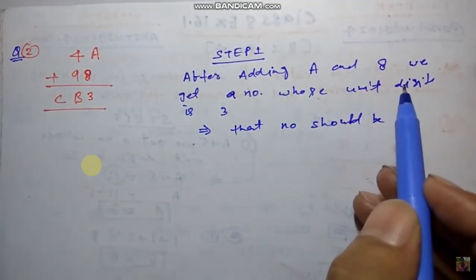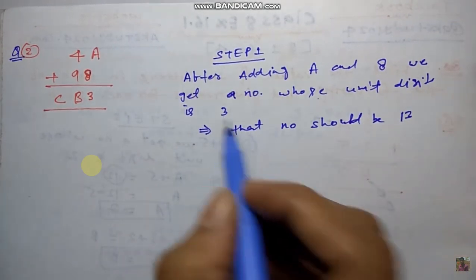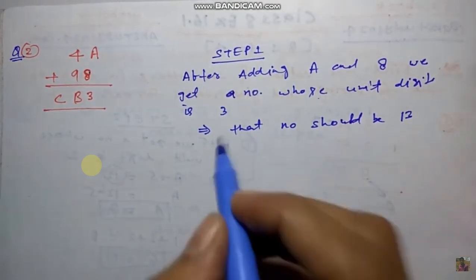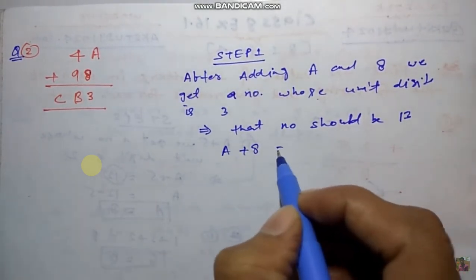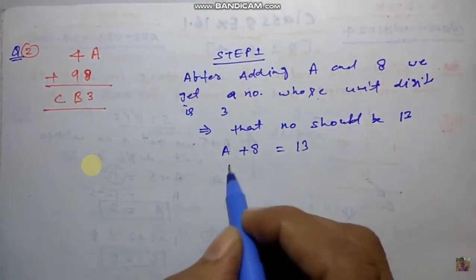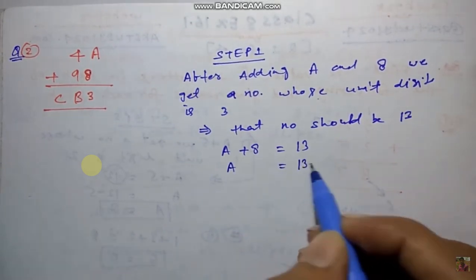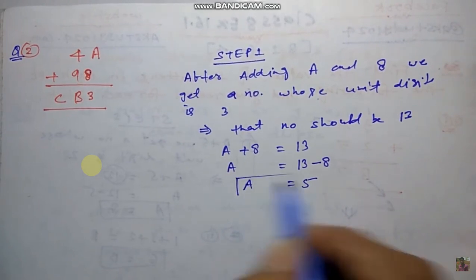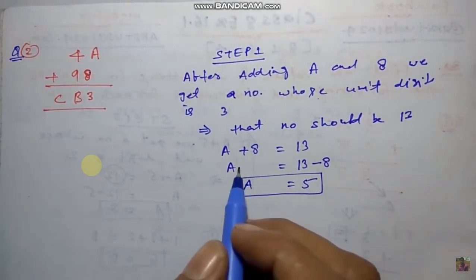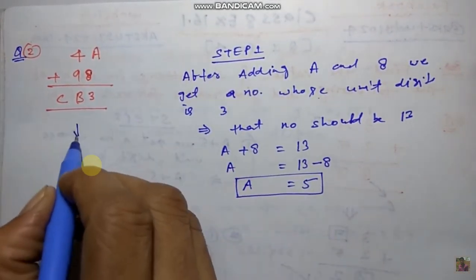That number should be 13. The possibility is A plus 8 is equal to 13, because the unit place digit is 3. Shifting 8 to the right-hand side, we get 13 minus 8, so A is equal to 5.